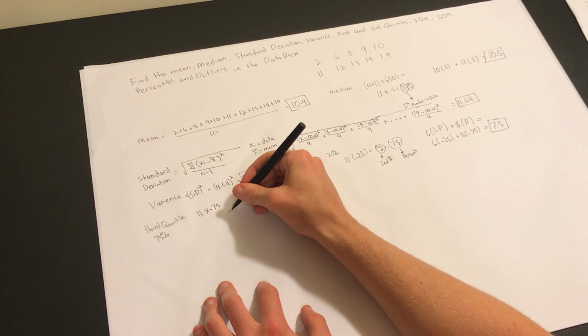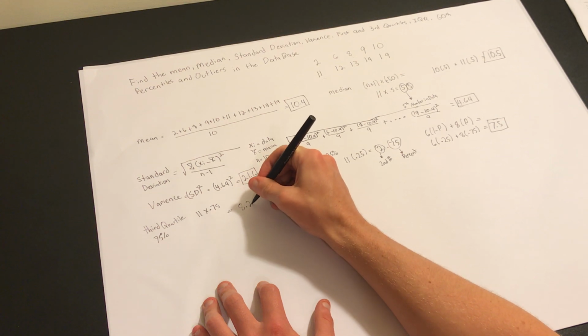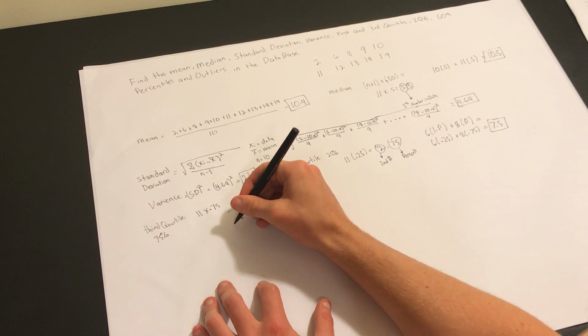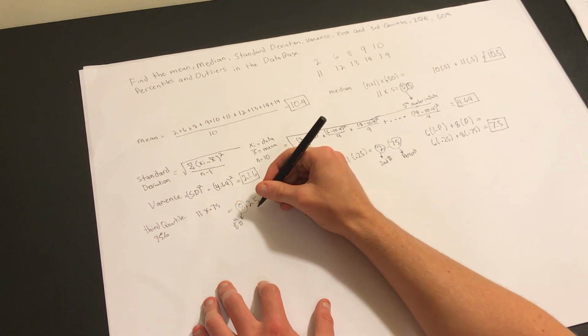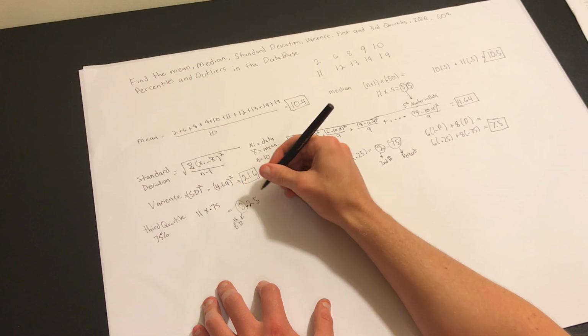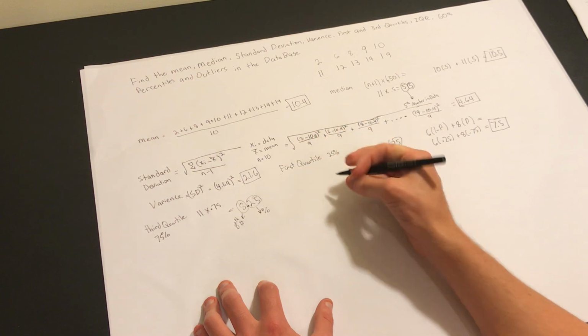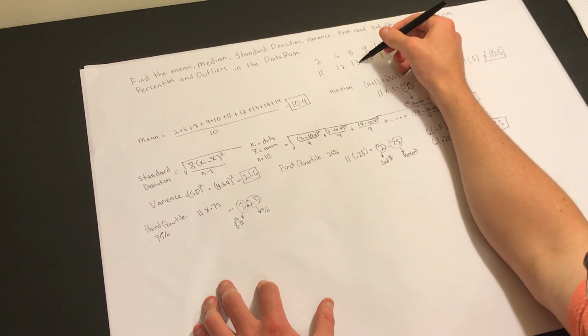And with that, you're going to get 8.25. So again, the eighth number, and then 0.25 is the percent. So we go to the eighth number: 1, 2, 3, 4, 5, 6, 7, 8, 9, 10.